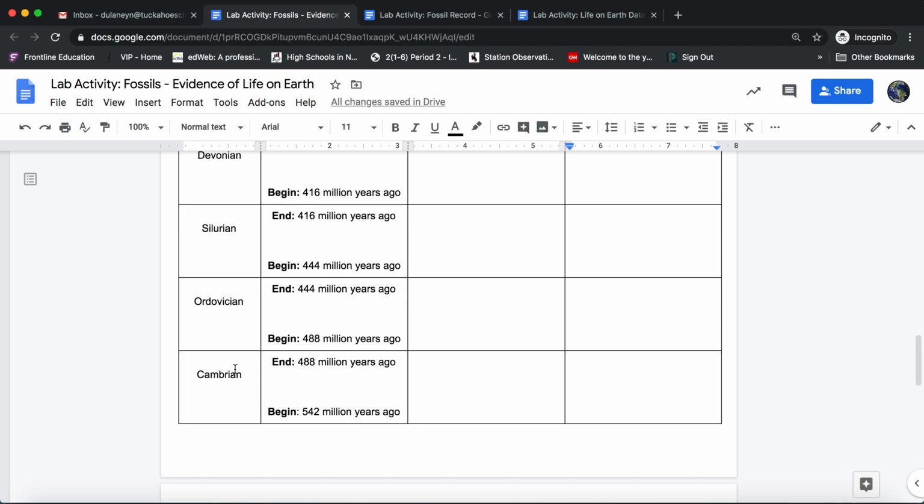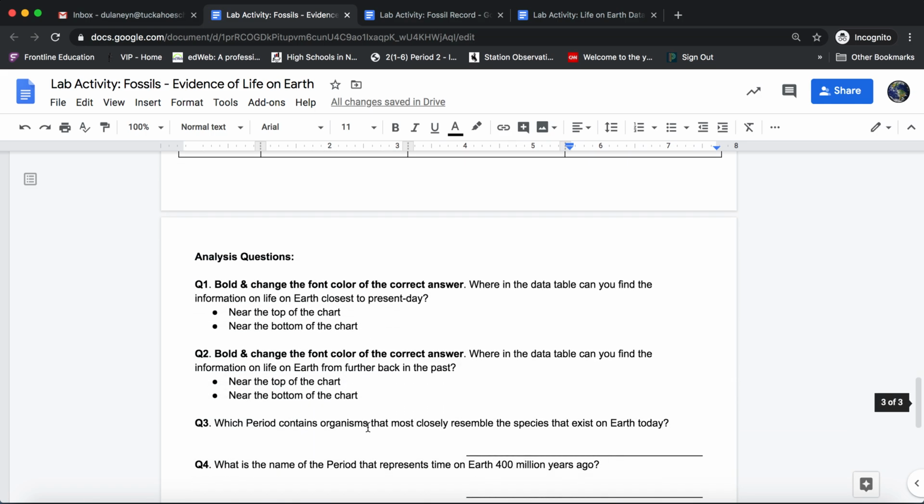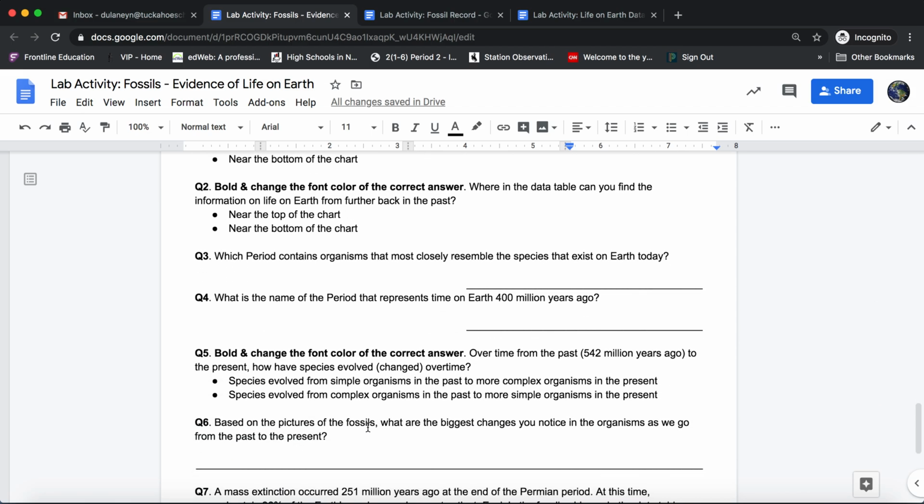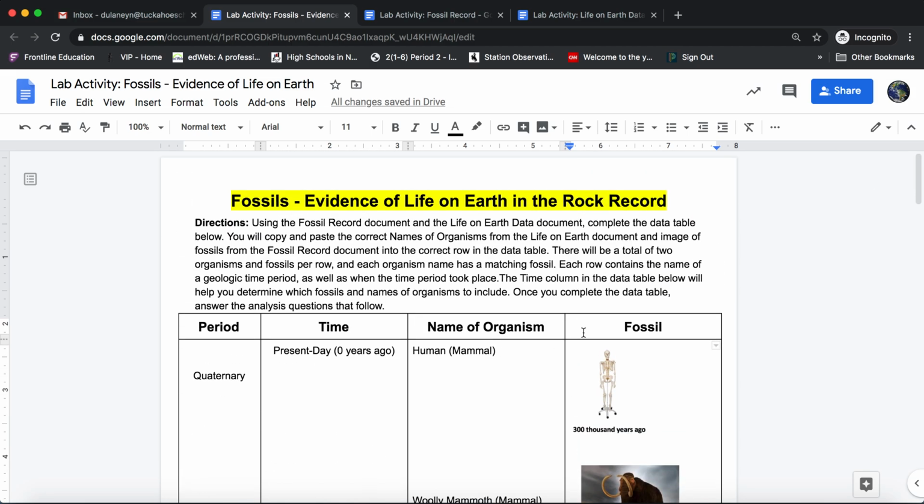Once you get to this Cambrian period, 542 million years ago, you're going to start to see organisms that you've never really seen before, because as you go back into the past, life looked very different from what it does now because of the process of evolution. And then after that, you'll answer these analysis questions. At any time while you're completing this lab activity, if you have any questions, please do not hesitate to reach out.